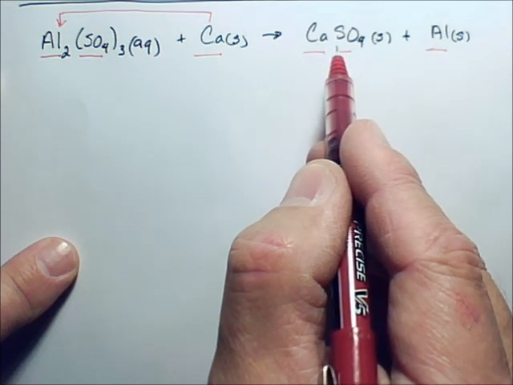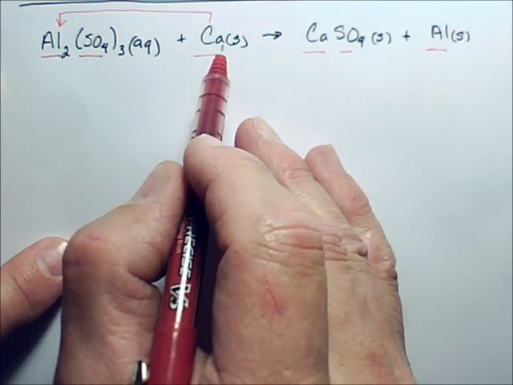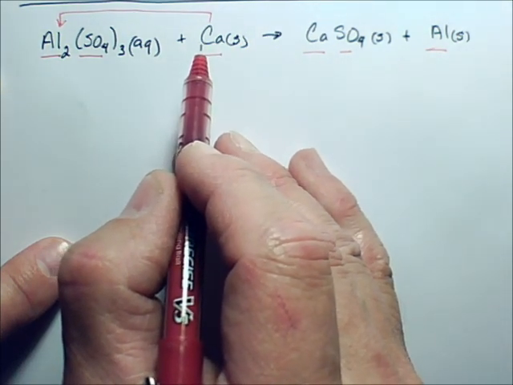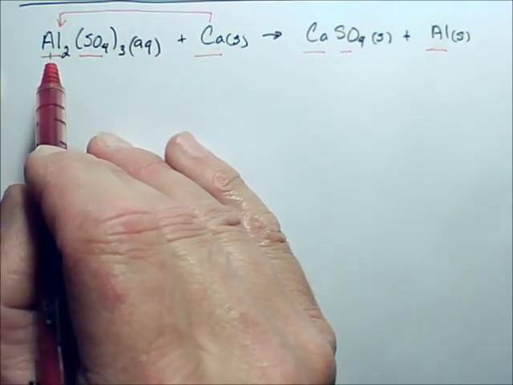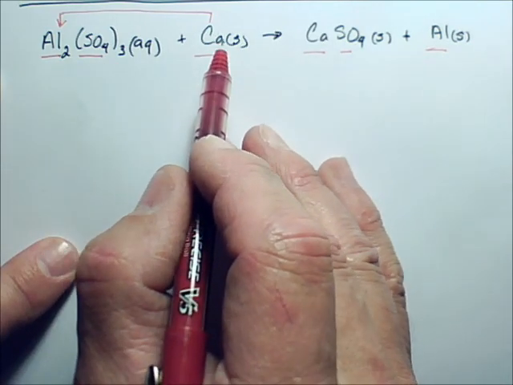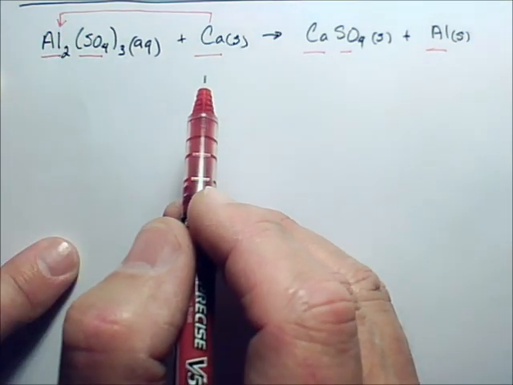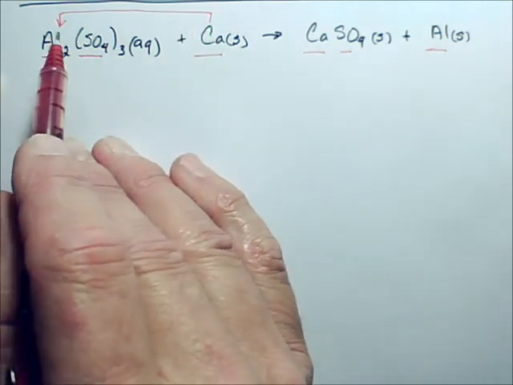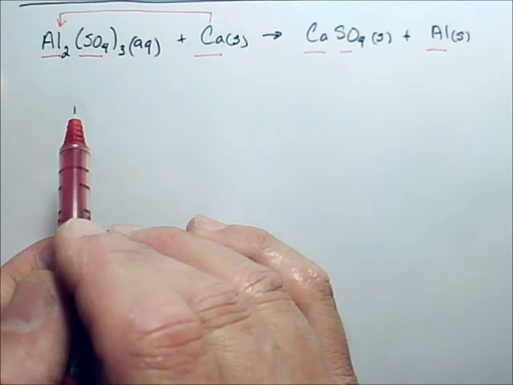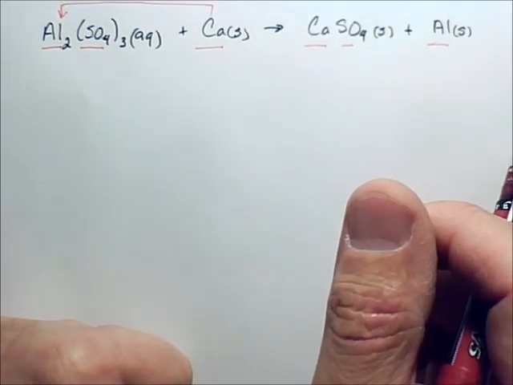That's what a single replacement reaction is, where some elemental form by itself replaces something it's like in a compound. So it's a single replacement reaction. It replaces what again? Some element that it's like in a compound.